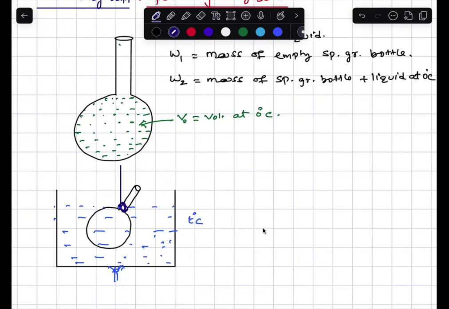Only then I will measure the mass. So W3 represents the mass of the specific gravity bottle plus the remaining liquid at 0 degrees centigrade.